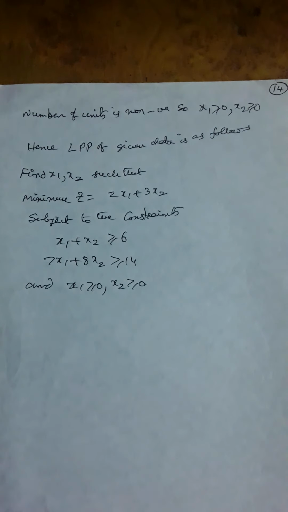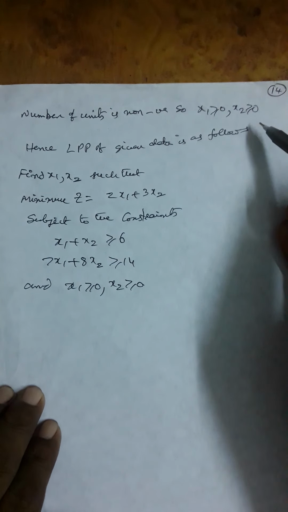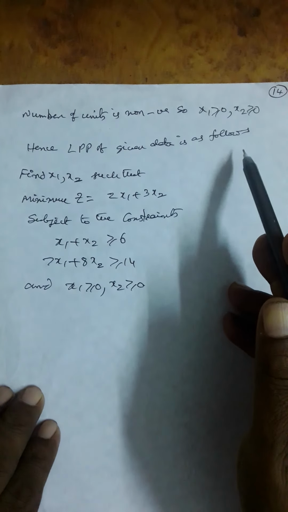So the number of units is non-negative: x1 greater than or equal to 0, x2 greater than or equal to 0. Hence the LPP of the given data is as follows.